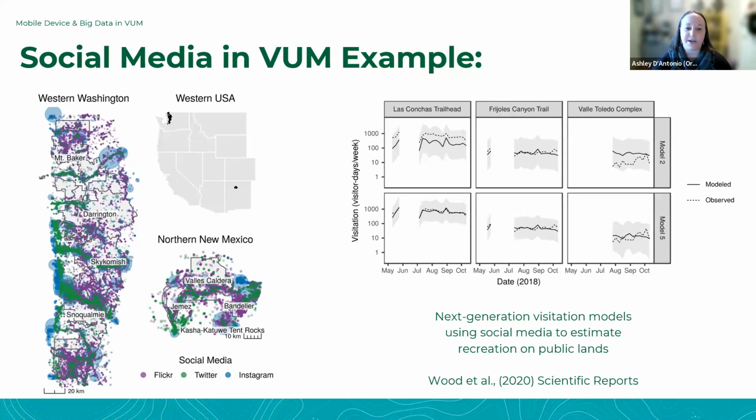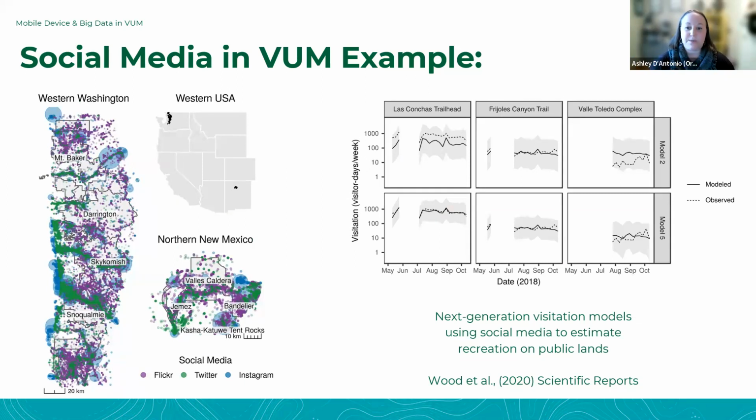And then I'm not going to go through this next example in a ton of detail, but this is a more recent study using social media data to predict visitor use levels and to look at the correlation between the number of social media posts and actual use levels in these parks. This pulled data from Flickr, Twitter, and Instagram and had the geolocation of where that post was made, tied to these different places.